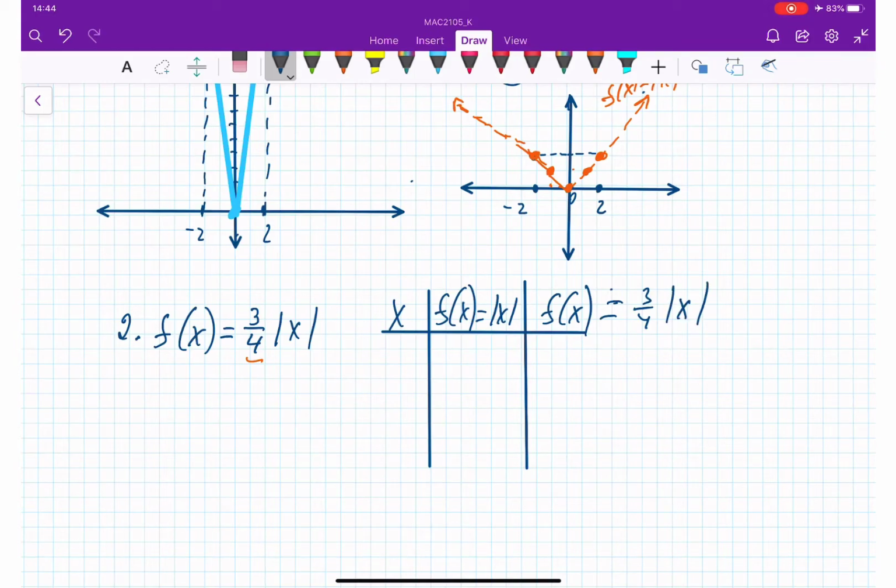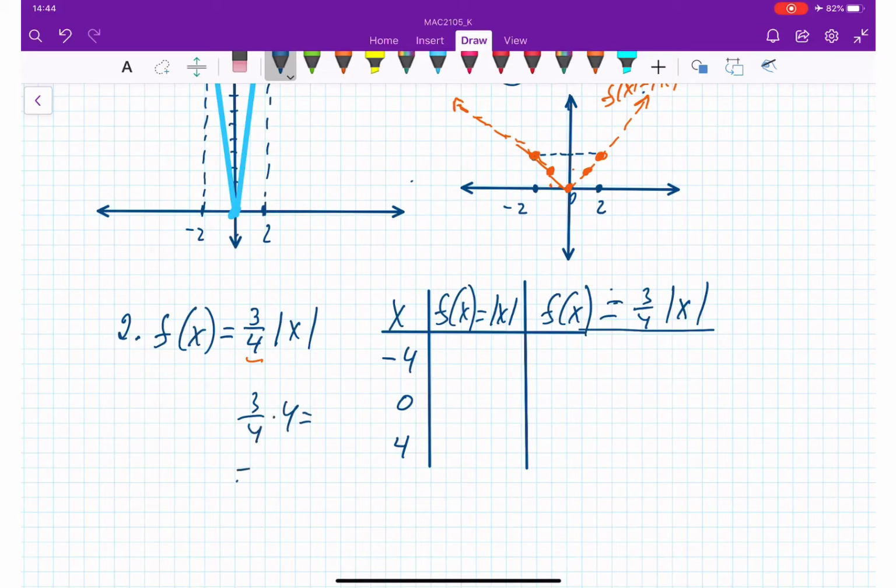Whoever already feels comfortable working with absolute value, you can skip this second one. F of x is equal absolute value x. All right, let's go. So I'm taking negative 4. I'm taking 0. And I'm taking positive 4. So if I take negative 4, what do I get? 3/4 times 4.